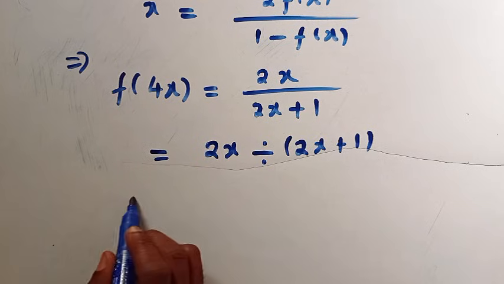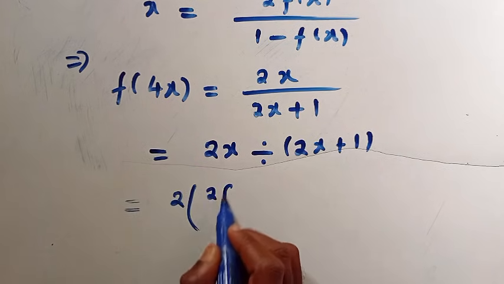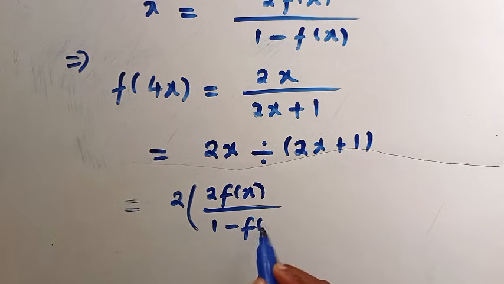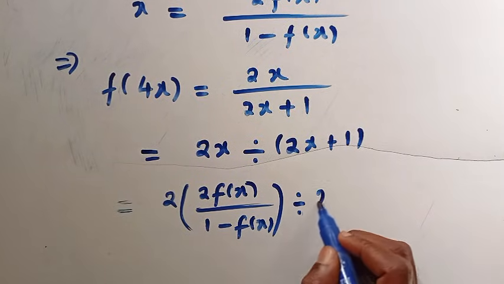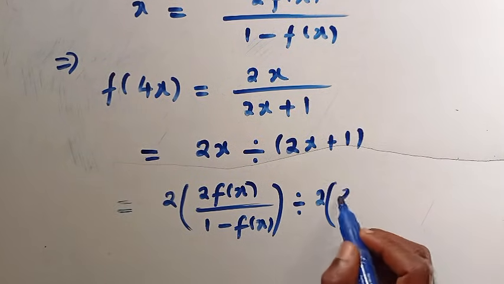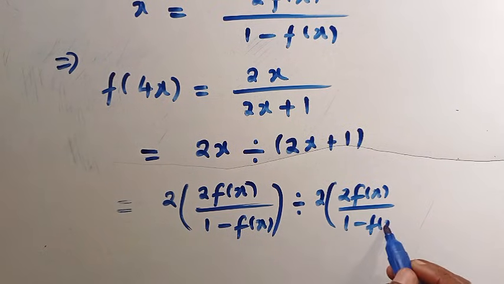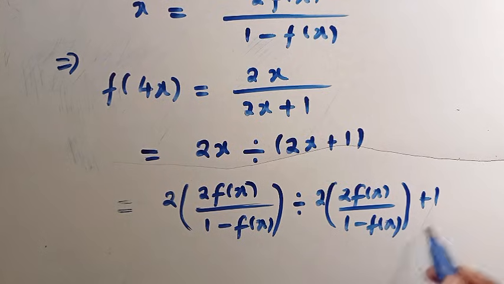By replacing that, we are going to have 2 into bracket of 2f(x) divided by 1 minus f(x), then another division, 2 into bracket of 2f(x) divided by 1 minus f(x) in bracket, then plus 1.